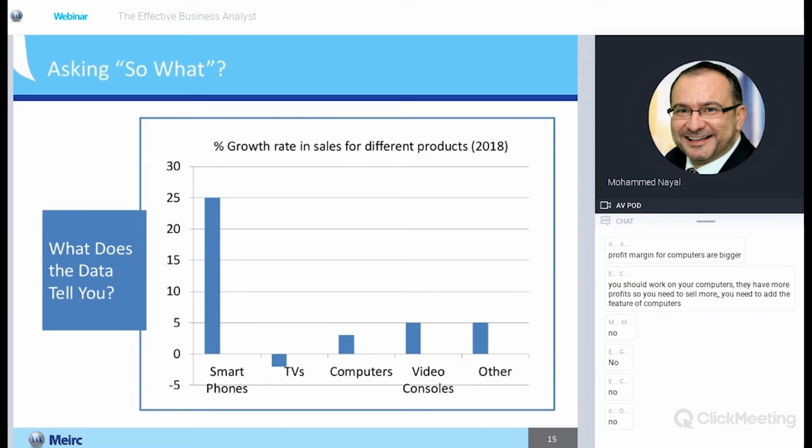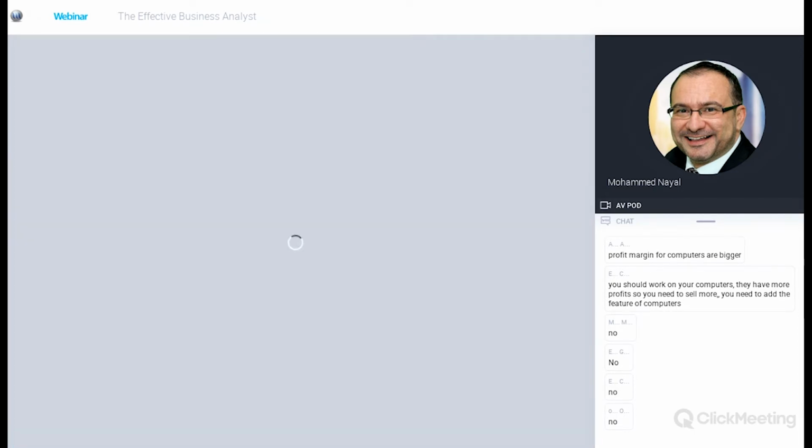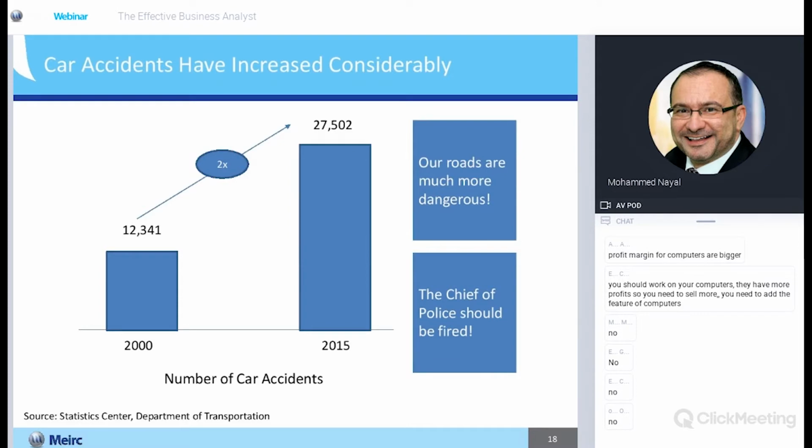Well, let me give you another example. And now I want you to be a little bit skeptical, a little bit questioning, and say, what is this information really telling me? So here's a chart that says that in the year 2000, we had 12,000 car accidents on our roads.